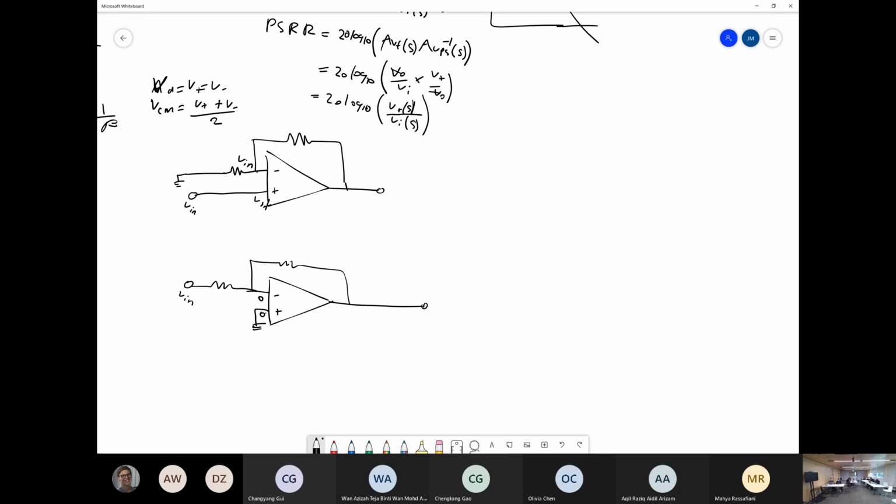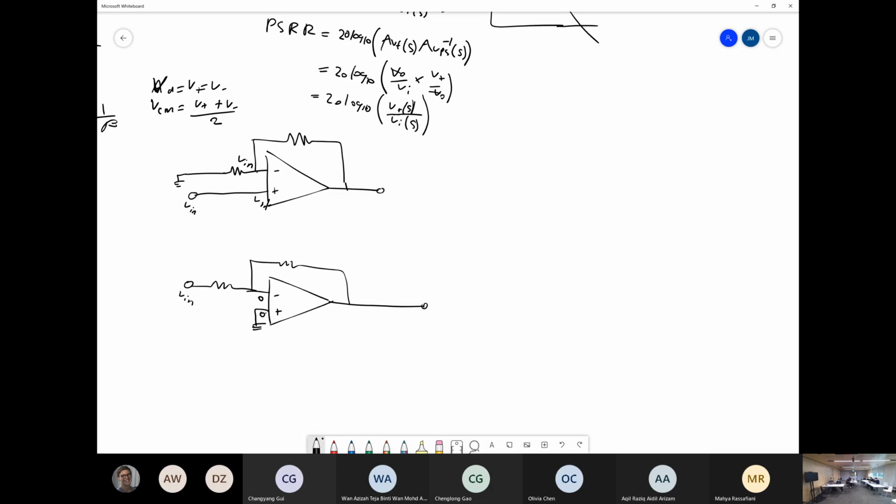What's the common mode voltage across the inputs? 5. 5 plus 5 is 10, divided by 2 is 5. If I put 10, yeah, exactly. So which would have better common mode input performance? The inverting or non-inverting?